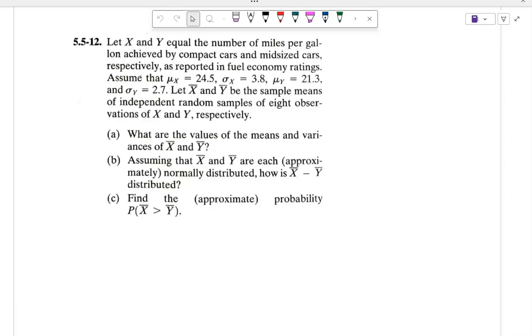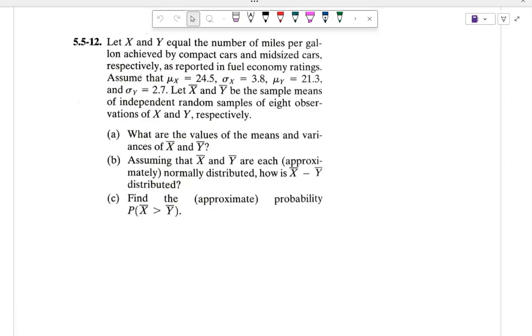So, remembering what we talked about last time. If x is distributed normally, how is x bar distributed? If x is a normal distribution, then the mean of x is also normal, right?